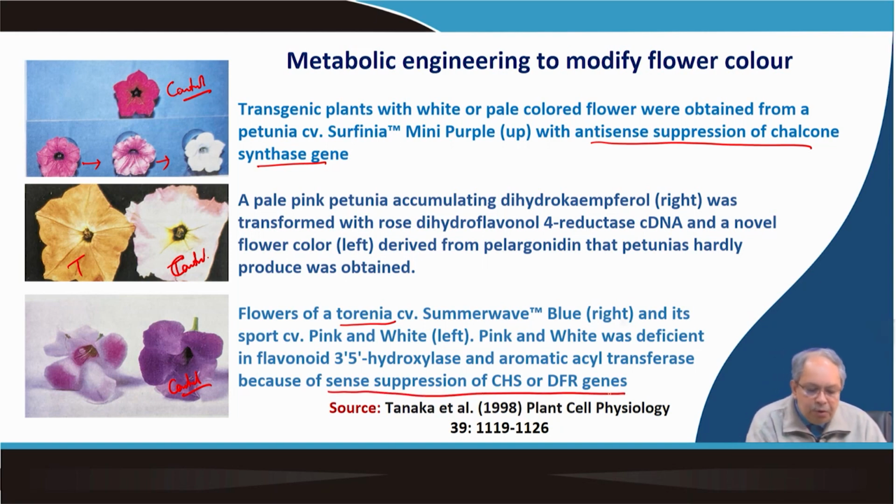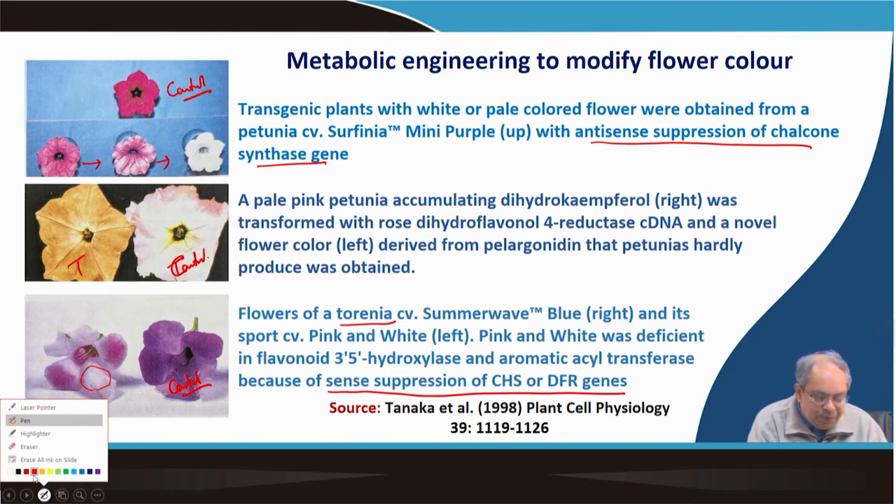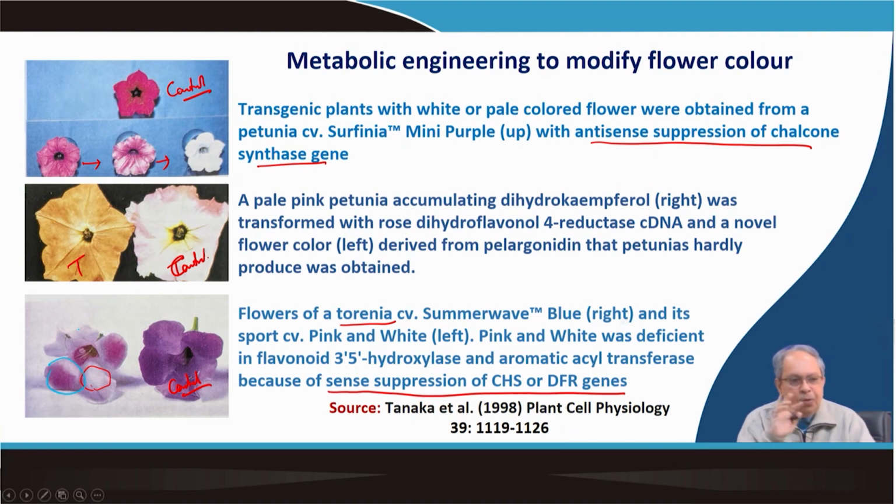As a result, you see that the more bluish purplish color now changes its coloration. Some portion is white, some portion is bluish. So, that means a novel coloration pattern developed as a result of sense suppression of CHS and DFR genes.